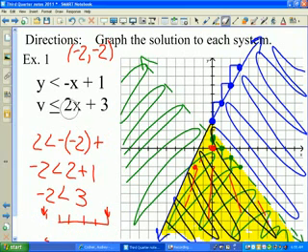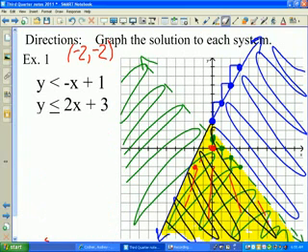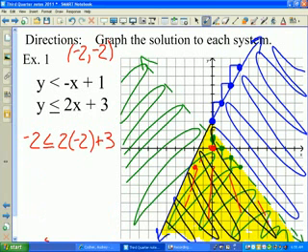So now, let's do it for this one. You have -2 is less than or equal to 2 times -2 plus 3. So 2 times -2 is -4. -4 plus 3 gives me -1. So is -2 less than or equal to -1?